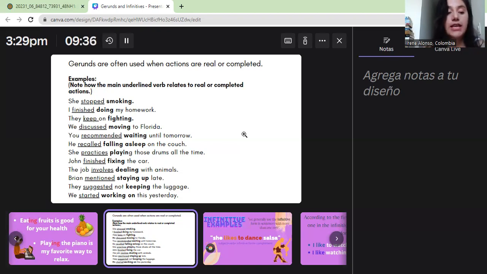And finally, we started working on this yesterday. This is very important because sometimes I got confused with this, but now I know that this is used for real situations and for something that already finished, or is completed.